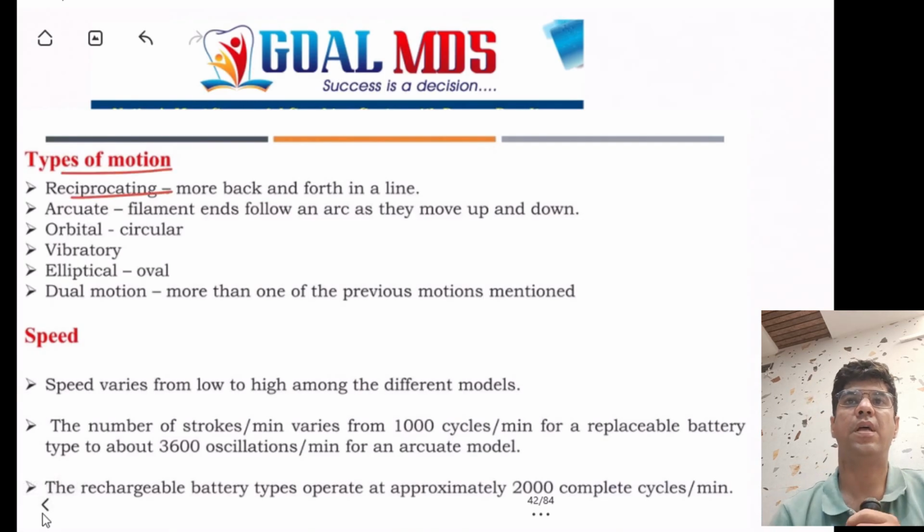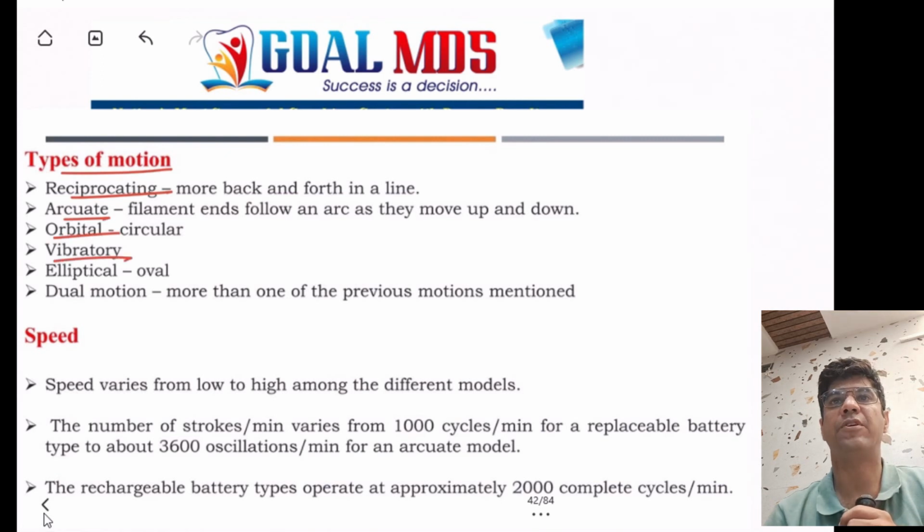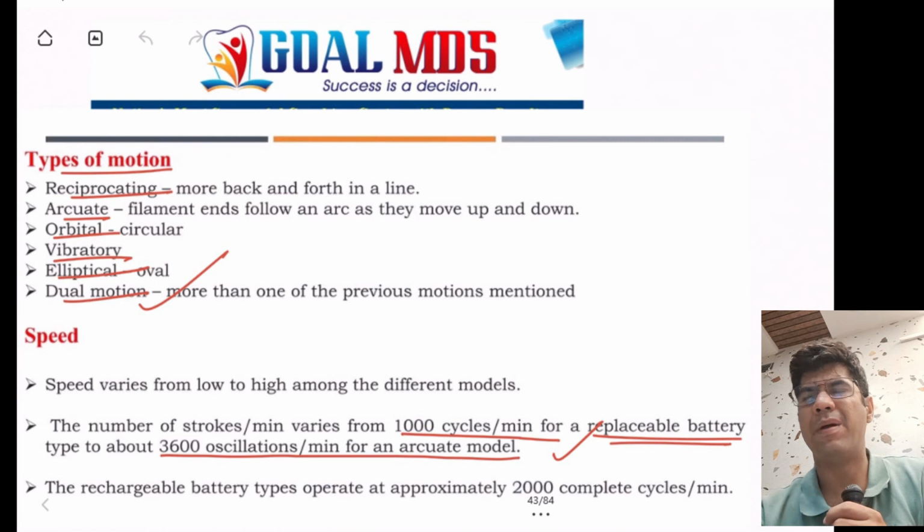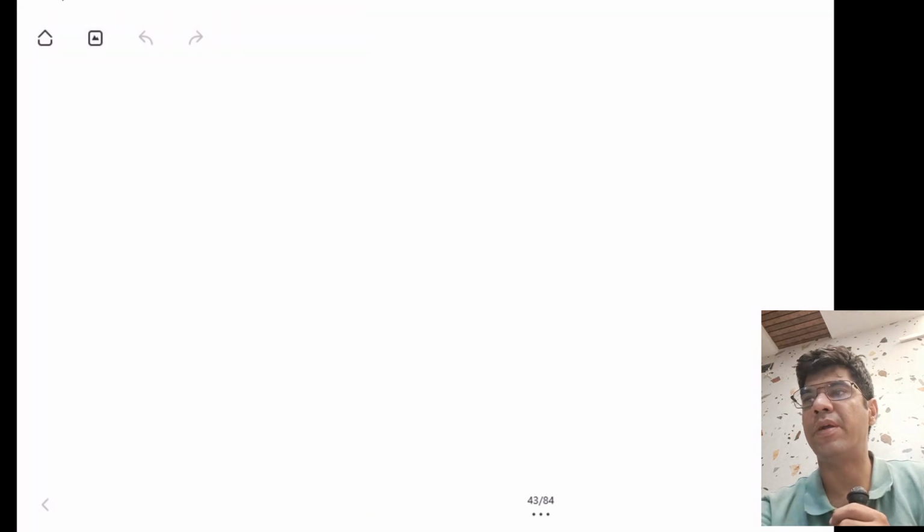A power brush can give various types of motion like reciprocating, arcuate, orbital, vibratory, elliptical, or counter motion. The speed, the number of strokes per minute, varies from 1000 cycles for a replaceable battery to about 3600 oscillations per minute. Remember these values from your entrance point of view.